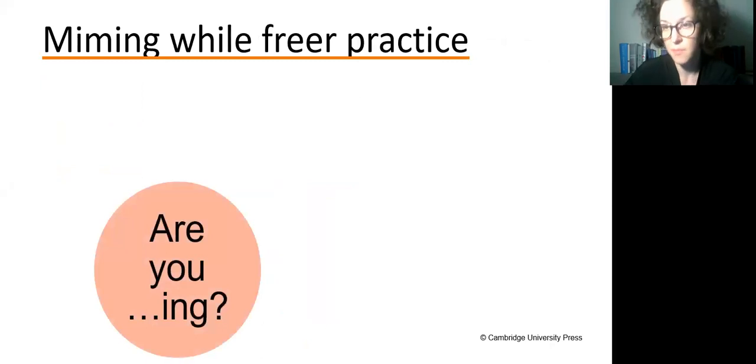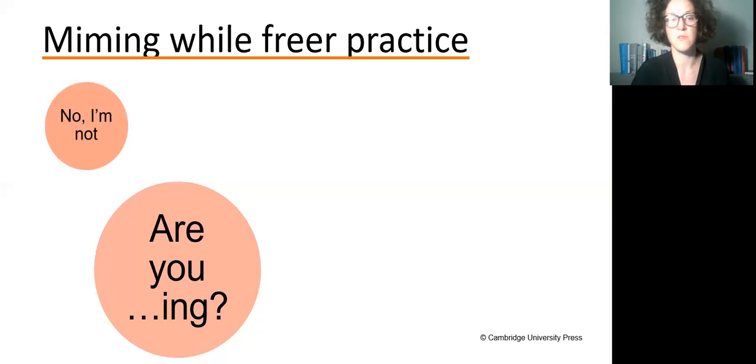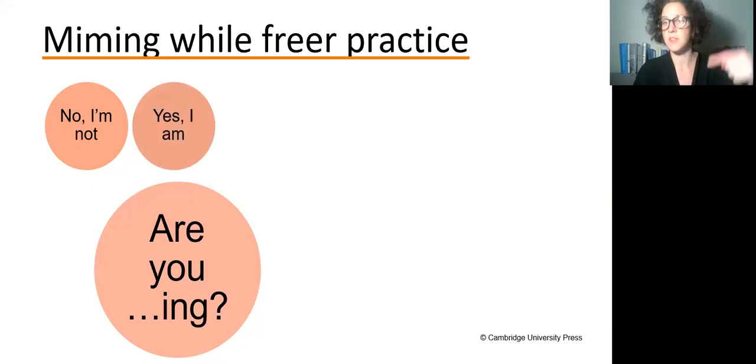How is it going on? One student is miming, others are asking, are you cycling? Are you running? Are you swimming? And the student says, no, I'm not, or yes, I am. If there is this construction, are you swimming? Yes, I am. Tick. If there is no such construction, just swimming, it doesn't count.